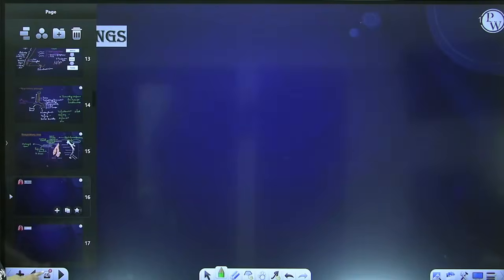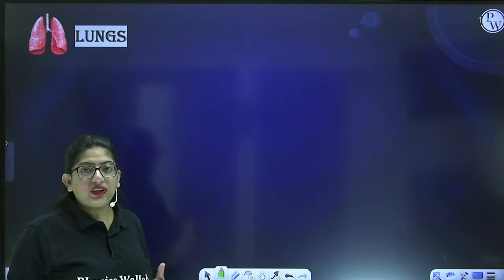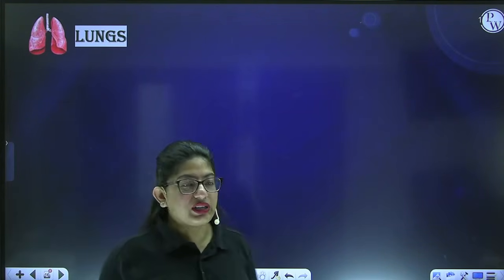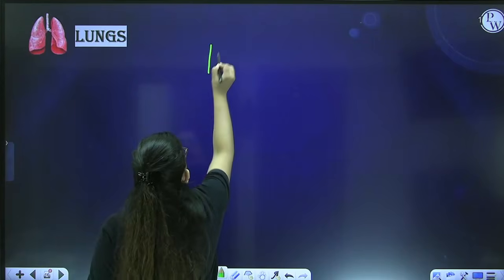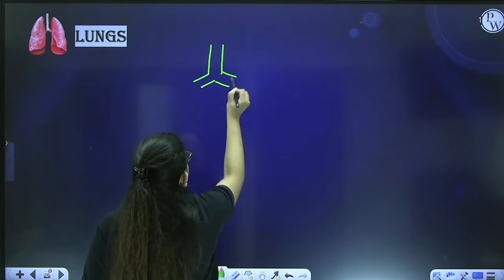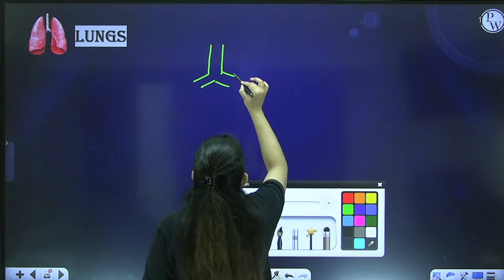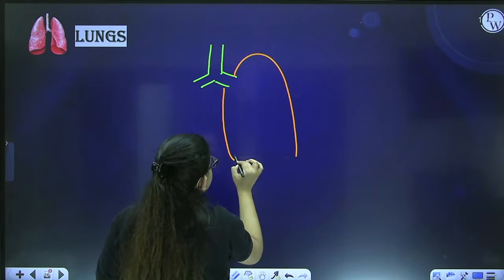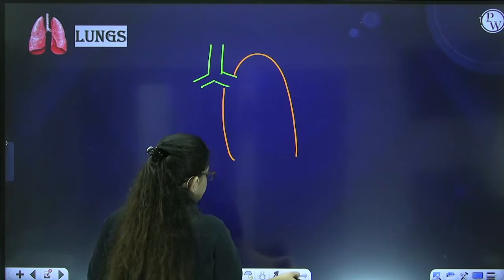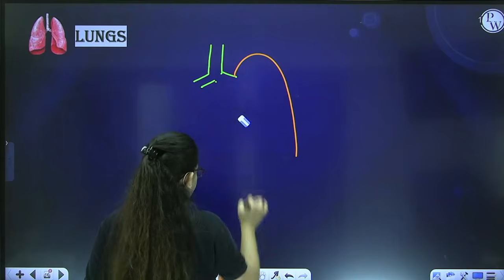Then we have the lungs. All of this respiratory tree is present in these structures. For example, this is the trachea divided into primary bronchi. Now these primary bronchi enter into these structures known as lungs.